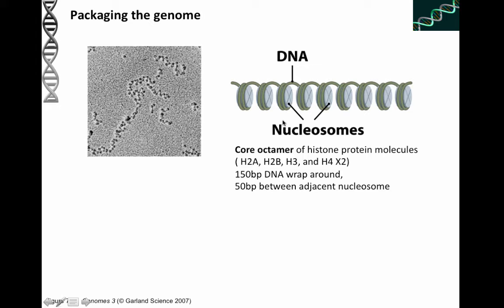The core octamer is formed by H2A, H2B, H3, and H4. Those are stacked into two layers, so that 8 molecules form one histone complex.